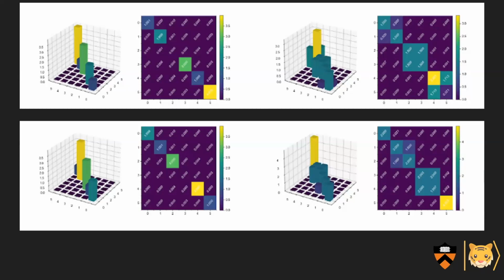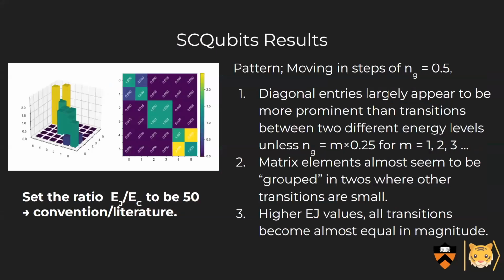This is for NG equals, I believe, 0.5 on the top left, then NG equals 0.75, then NG equals 1 on the bottom left, and NG equals 1.25 on the bottom right. You can see there's again a certain pattern going on, but it is significantly different.